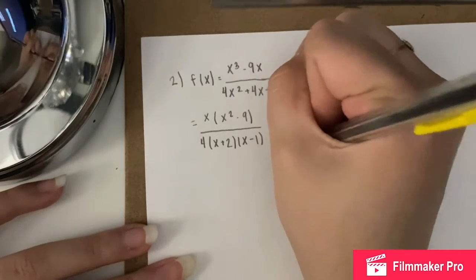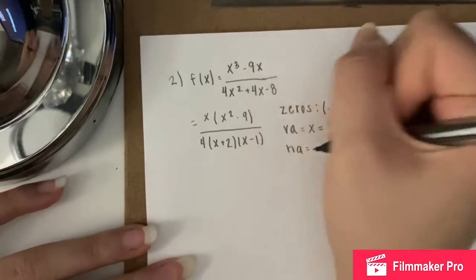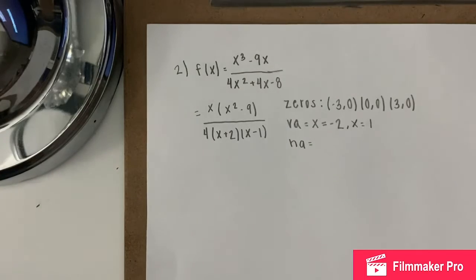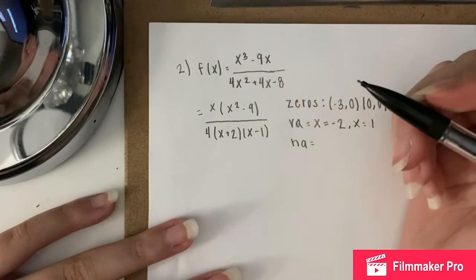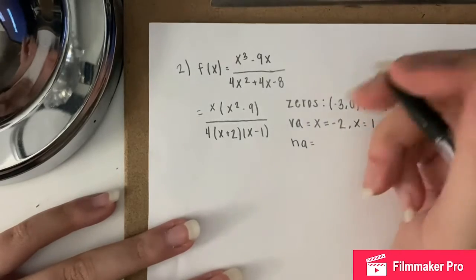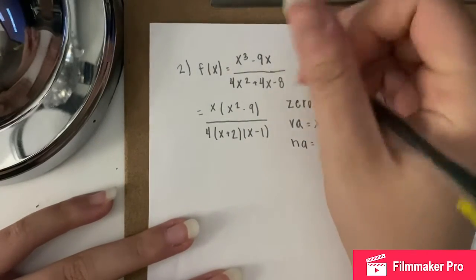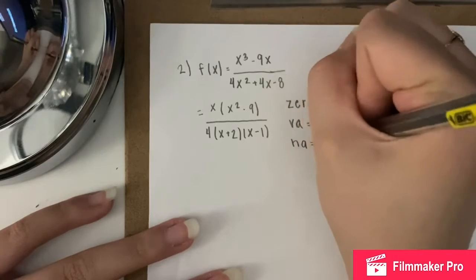Now to find our horizontal asymptote, we can see that the degree in the numerator is higher than the degree in the denominator, so there is going to be none.